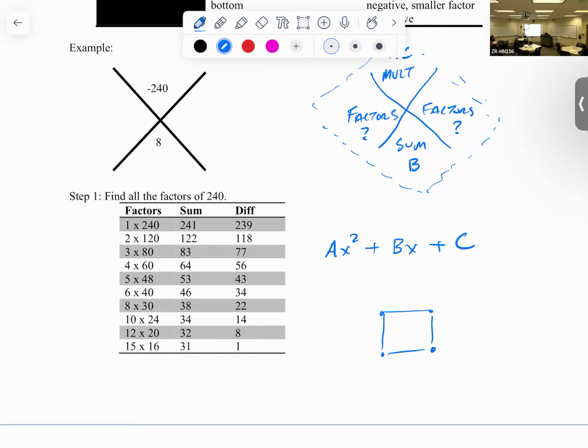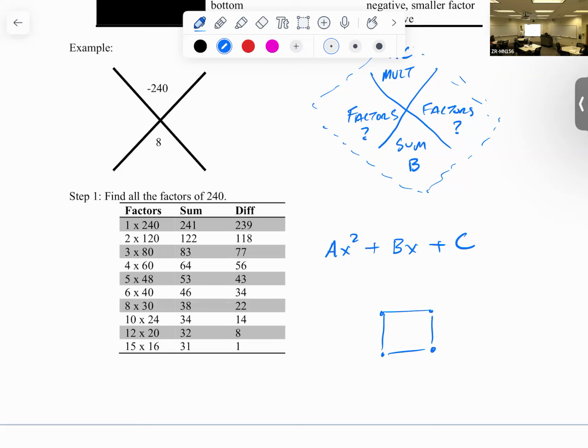Which one will be bigger? A big negative plus a smaller positive results in a negative when I add those together. So let's do it again. The big one is positive, the small one is negative. So I can identify that, because that sign is negative, one is negative and one is positive.